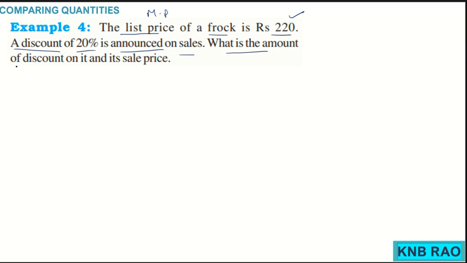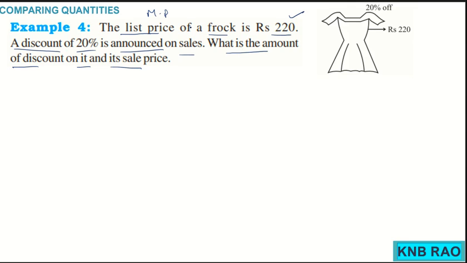What is the amount of discount on it? First you have to find the discount, and later the sales price. If you subtract it from 220, you will get the sales price. Here, 220 rupees is the list price and 20% is reduced on it.